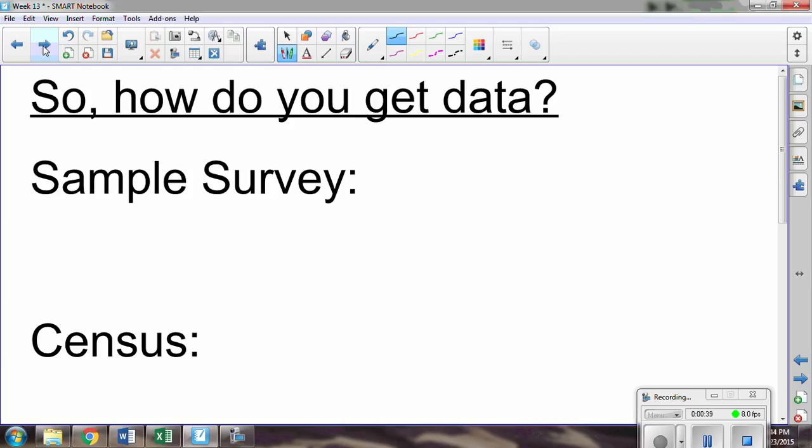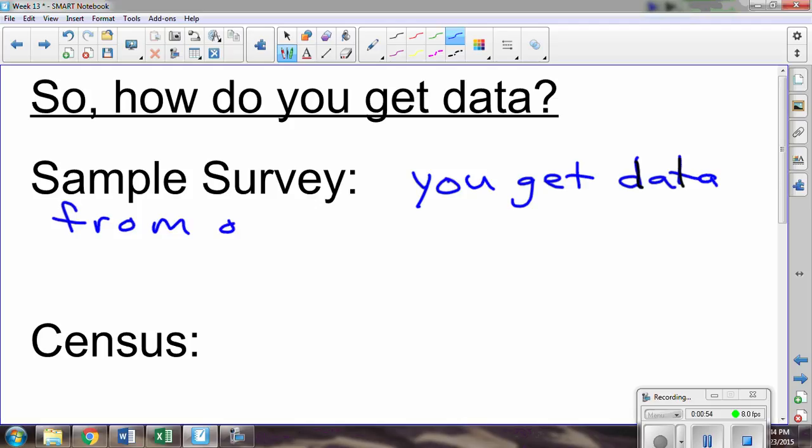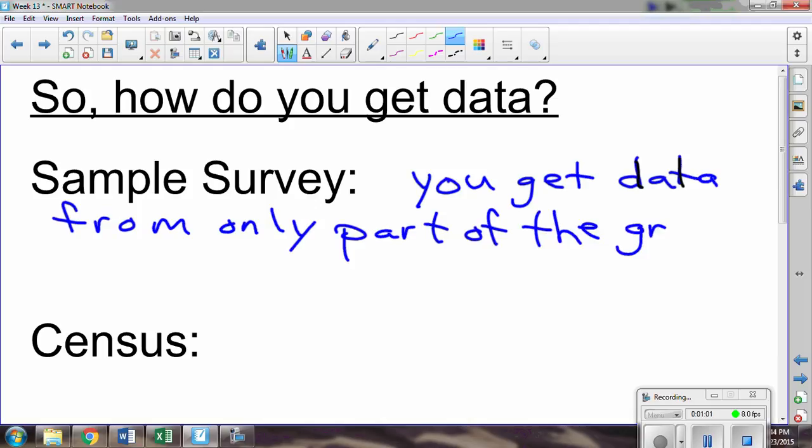Well, the first type we'll look at is a sample survey. In a sample survey, you will get data from only part of the group.